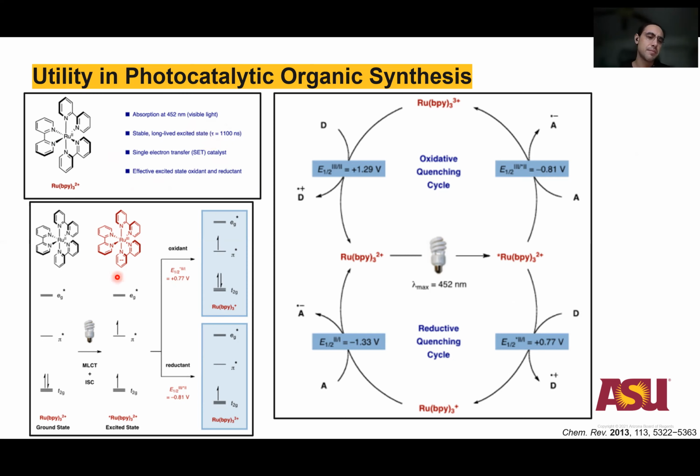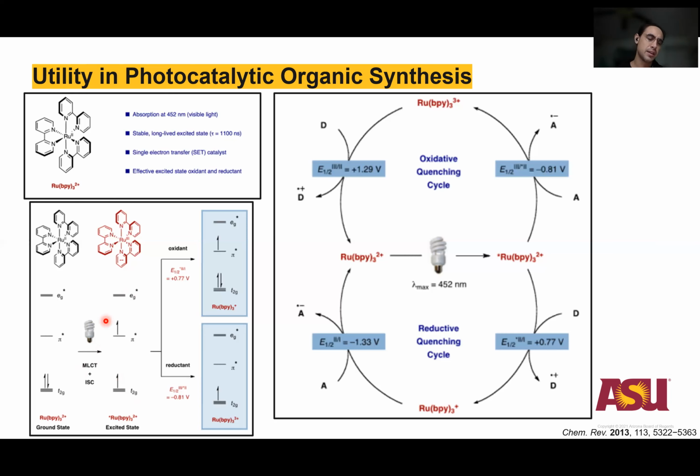So here I have that same scheme that I had in the previous slide, but put more into context of Ru(bpy)3. Upon absorption of a photon, and after intersystem crossing to access a triplet excited state, you end up with these spin-decoupled electrons.